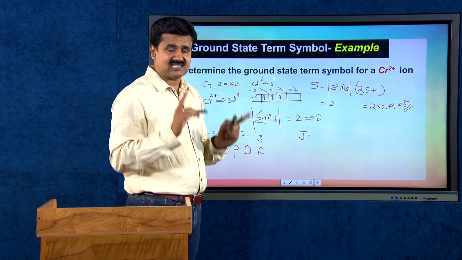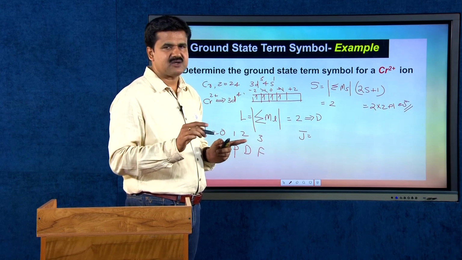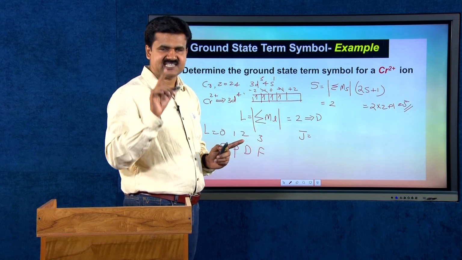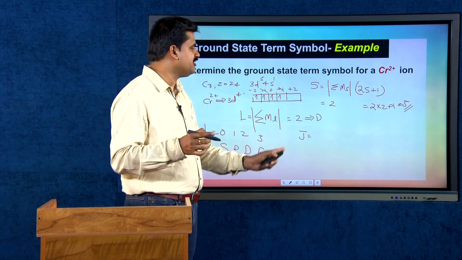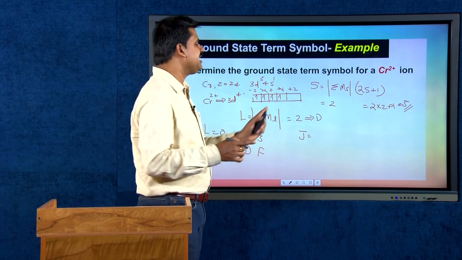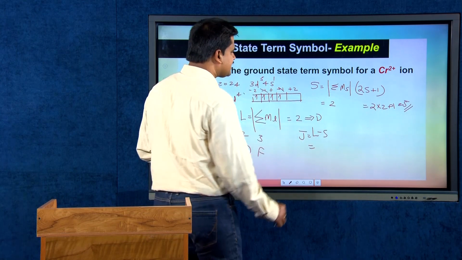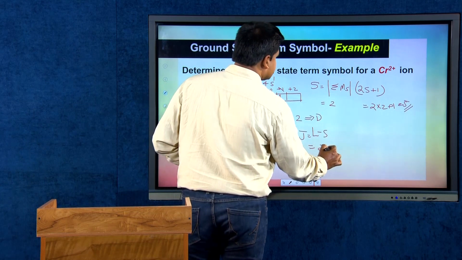As per Hund's rule, we have to take the lower J value. This is because Cr2+ is a d4 arrangement, the half-filled configuration is d5, and d4 is less than half-filled. So, we have to take the minimum value of J, and J should be equal to L minus S. Here L is equal to 2 and S is also 2.